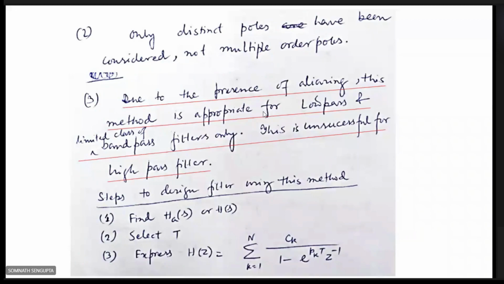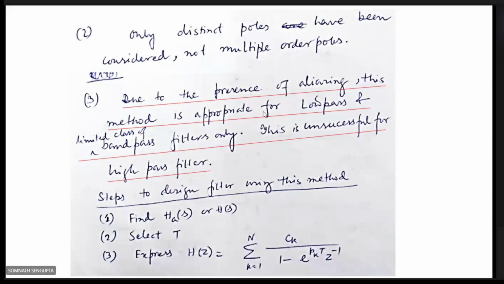Now, in summary, how will we design the filter? The first step is to get the analog filter transfer function H(s). Then select T, the sampling interval. The sampling interval should be mentioned.